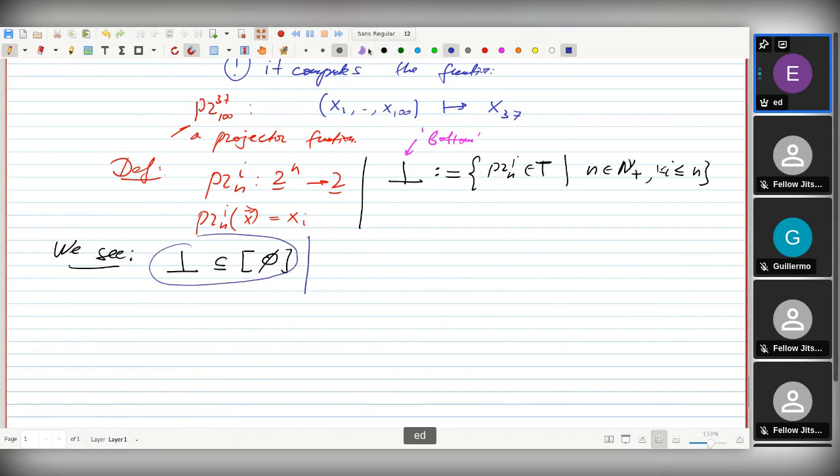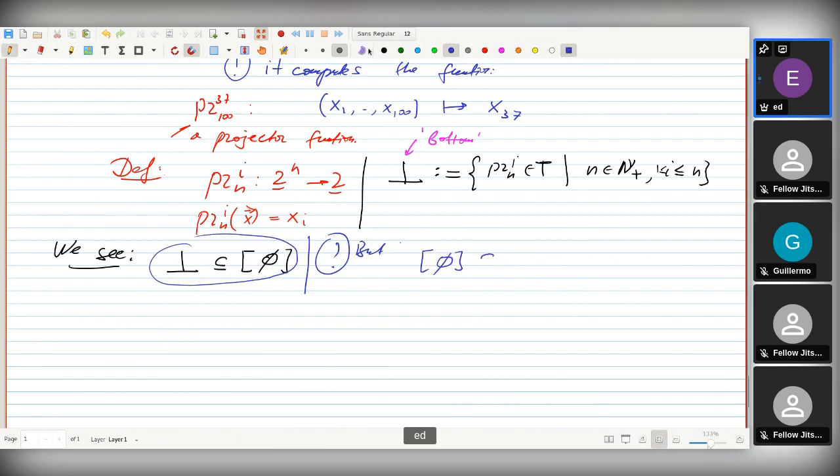Is it true that with circuits over nothing, we can compute only projectors? In fact, it is true. But how can we prove it?